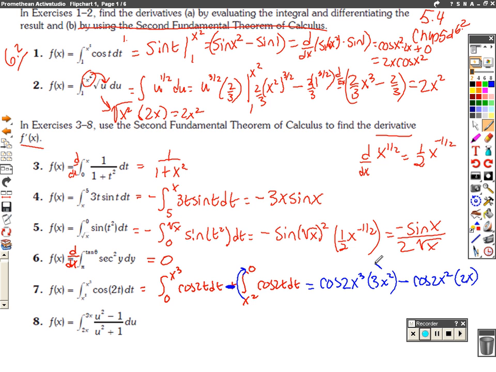Just so that it doesn't get confusing, we'll probably just put these back here at the front. So this would be 3x squared cosine of 2x cubed minus 2x cosine of 2x squared.